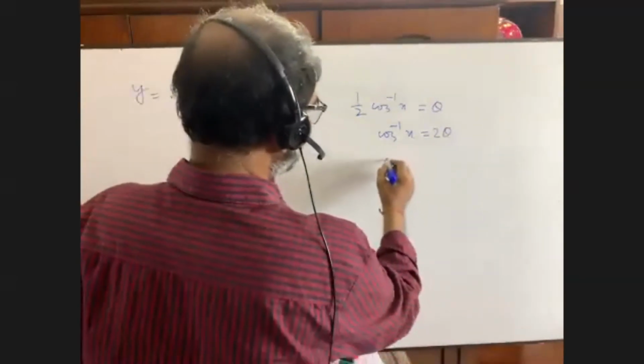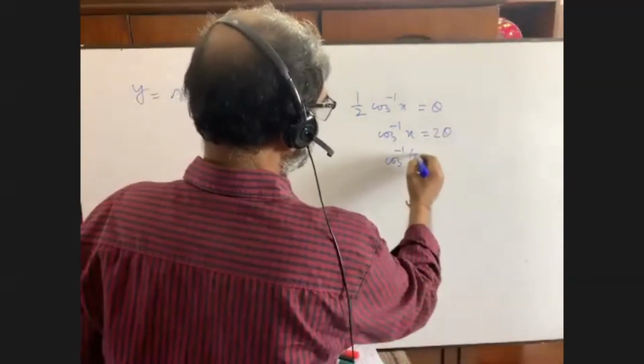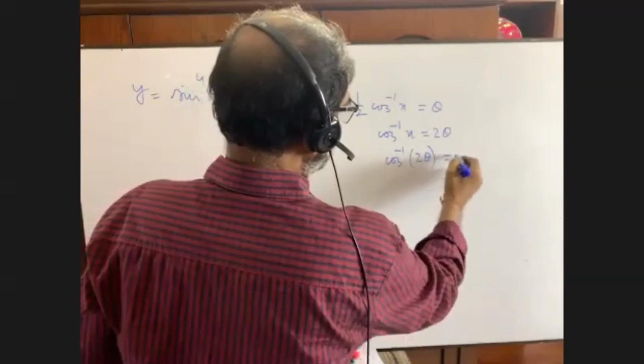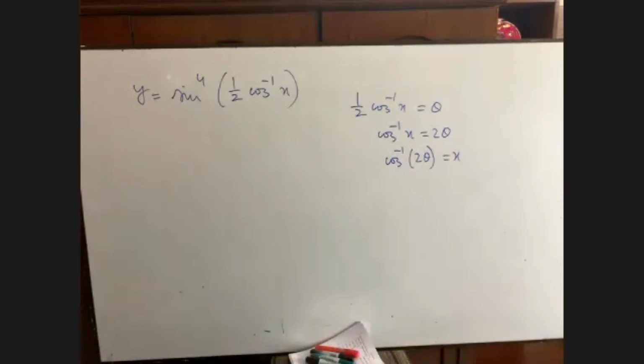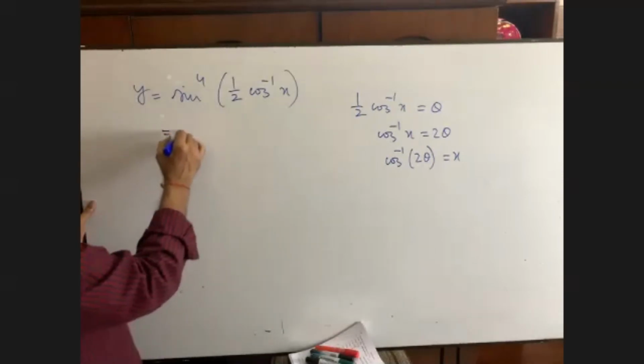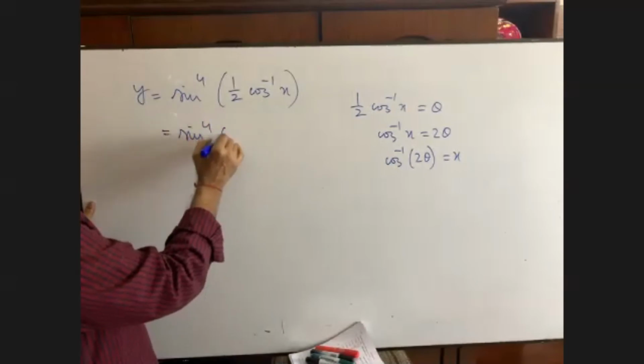That means cos inverse 2 theta is equal to x, right? Cos inverse 2 theta equals x. So we can write here sine 4 theta.